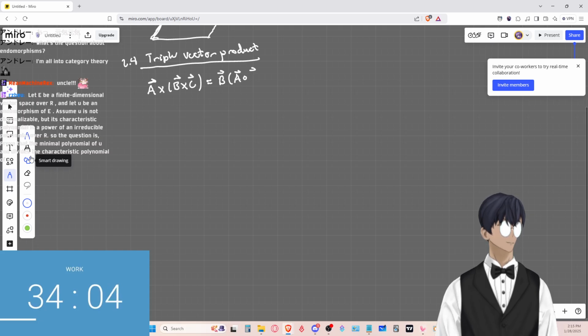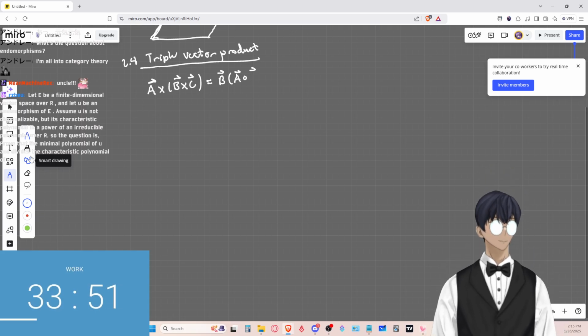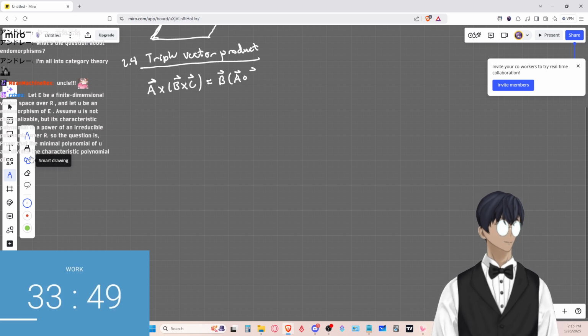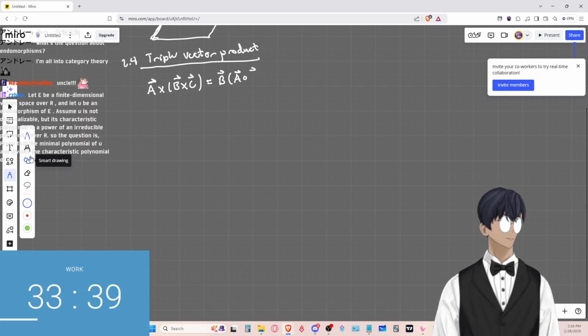Let U be an endomorphism of E. Assume U is not diagonalizable, but its characteristic polynomial is a power of an irreducible polynomial over R. So I'm guessing over the real numbers. So the question is, prove the minimal polynomial of U divides the characteristic polynomial of U.